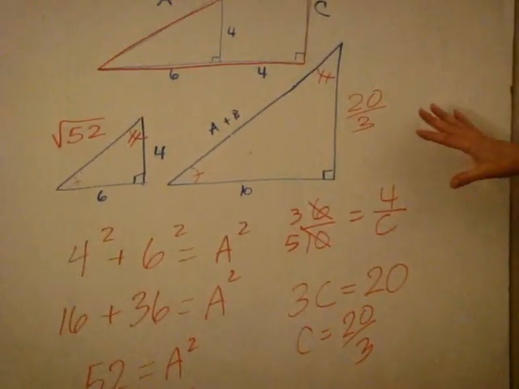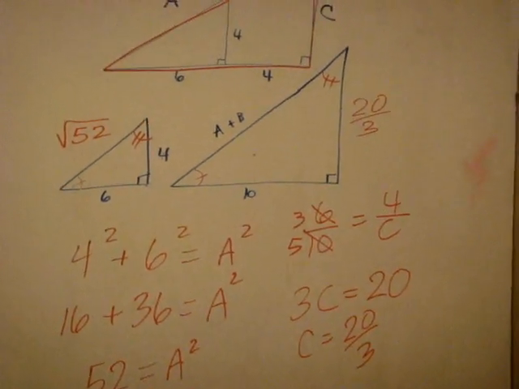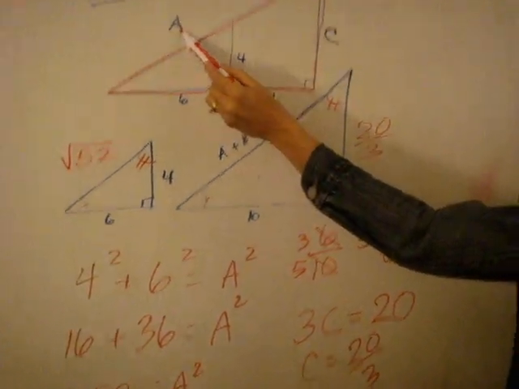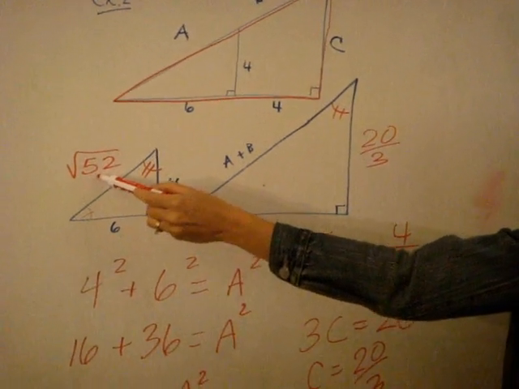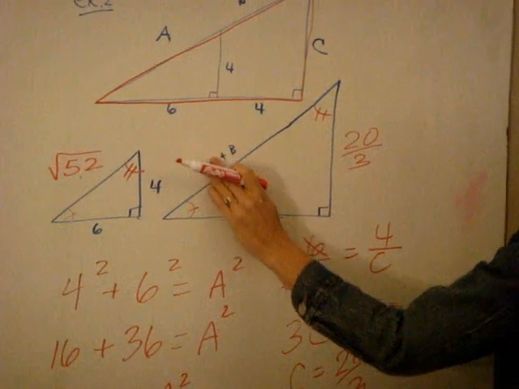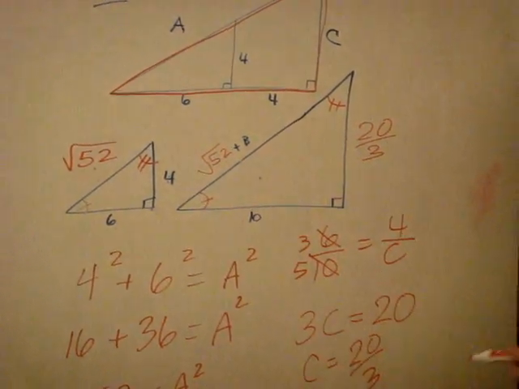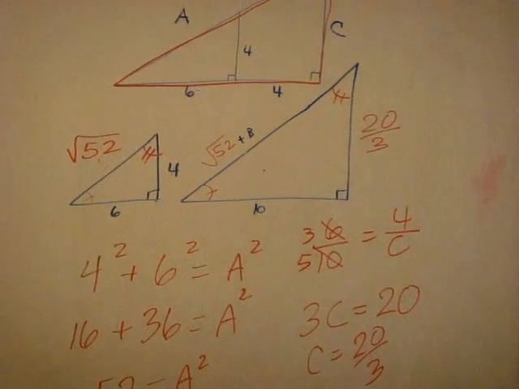Now the last thing we have to do is get a plus b. So let's figure that out. We know that a is square root of 52 because we separated them out. This big side is a plus b, so we can make a the square root of 52. And we'll set up one final proportion for this.